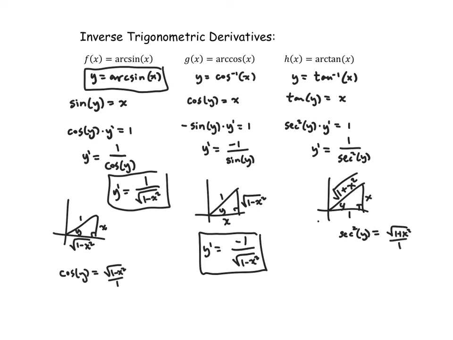Now if I square that, then the secant squared of y is equal to 1 plus x squared. So y prime is equal to 1 over the secant squared of y, which is 1 over 1 plus x squared. And there you have the derivative of arctangent of x.